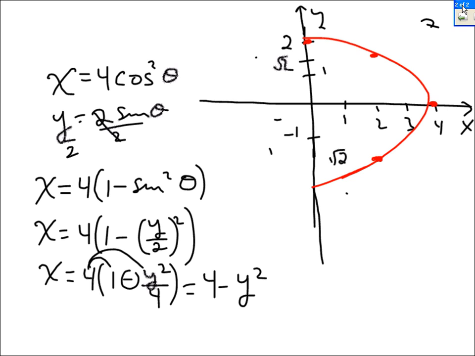So x is 4 minus y squared, which is a parabola. So I eliminated the parameter. I just got it to have x and y's. X is 4 minus y squared.